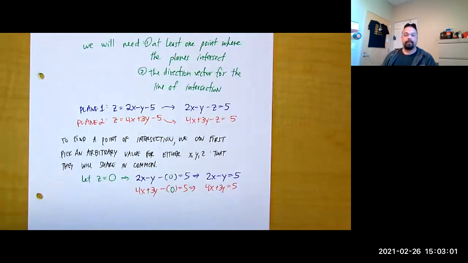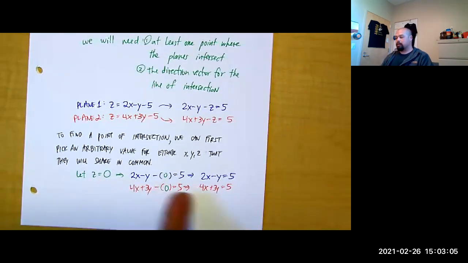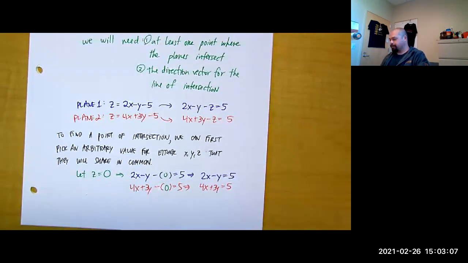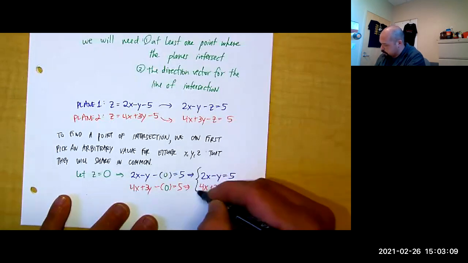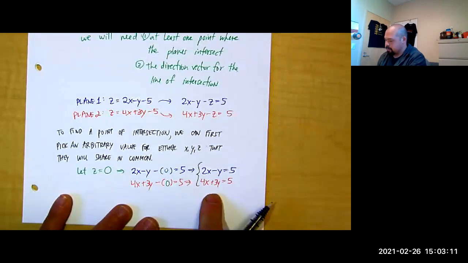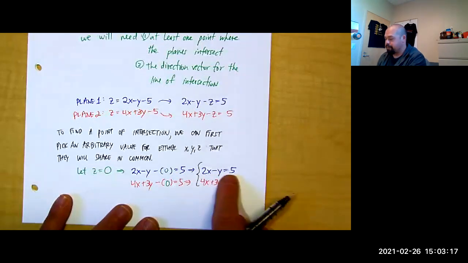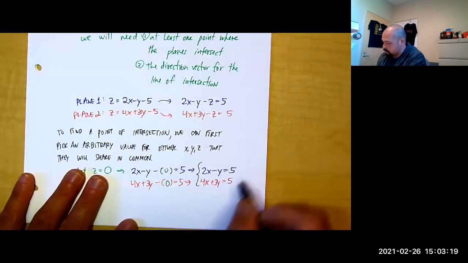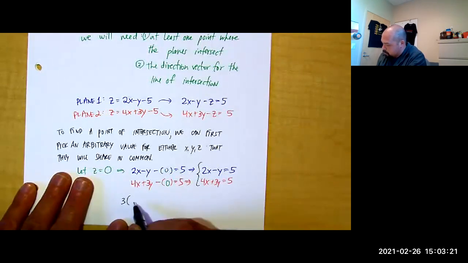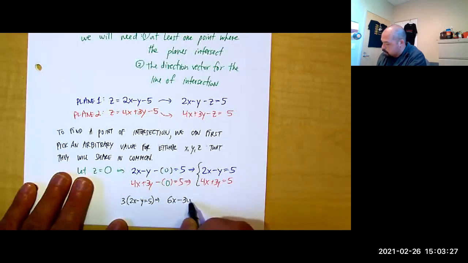We get this new system, so now they already have the z in common. Solving here, taking this first equation, we can multiply by 3, for instance: 6x minus 3y is equal to 15.